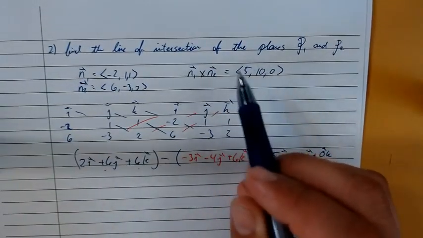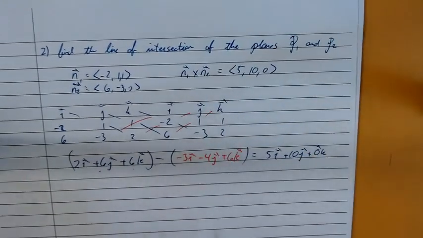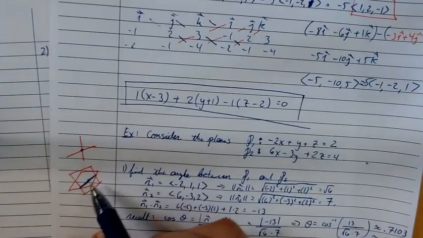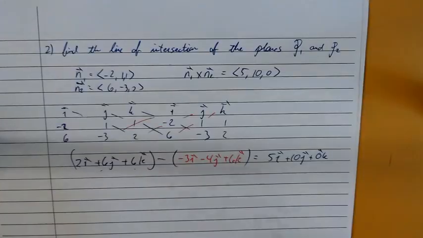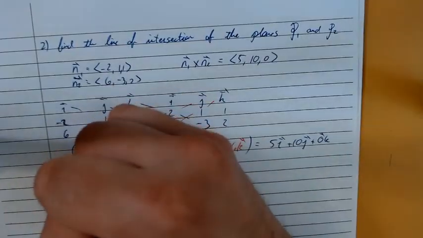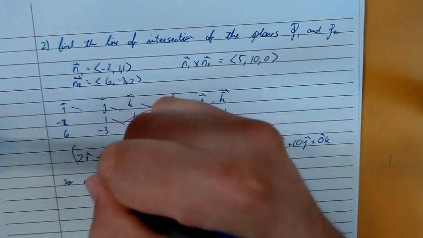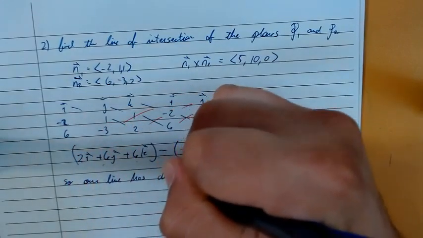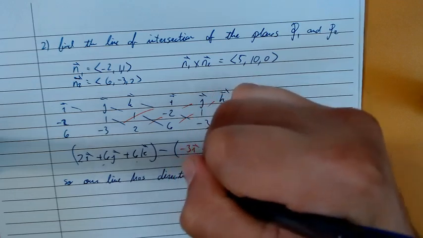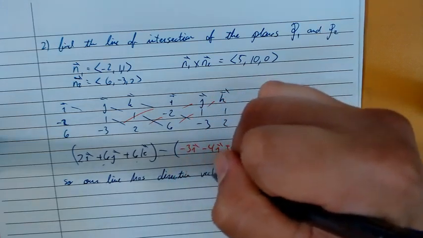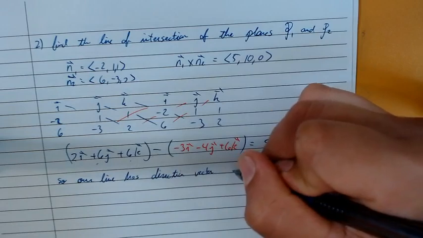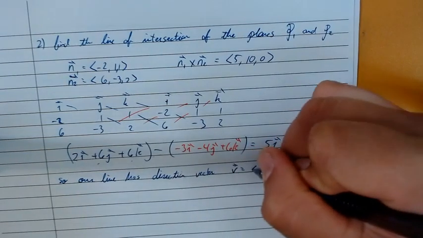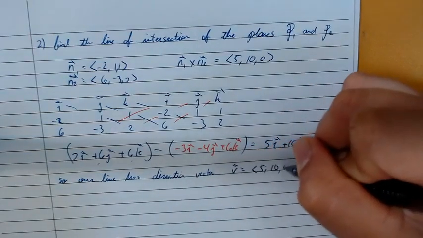But that will now serve as the direction vector of this line that I'm looking for. So our line has direction vector v equals 5, 10, 0.